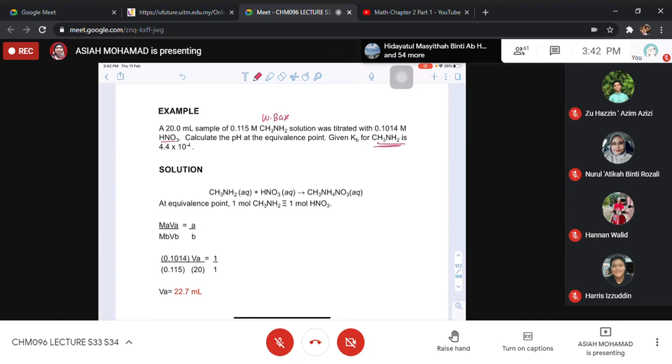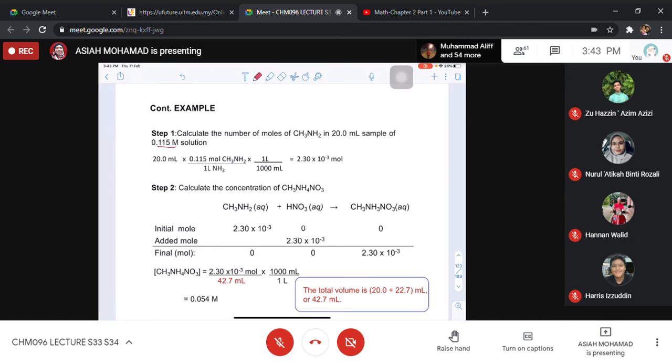So construct the balanced chemical equation between this weak base and strong acid. Find the volume of the acid used and then get the number of moles of the base present.